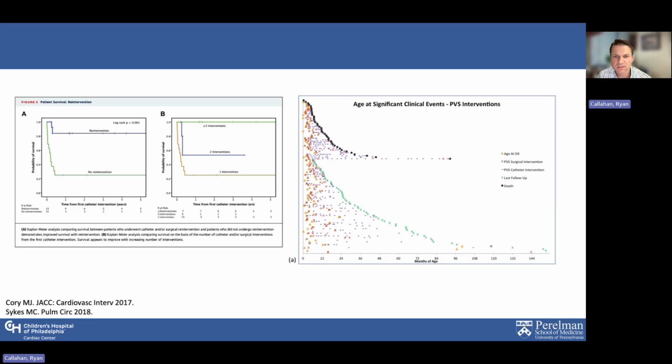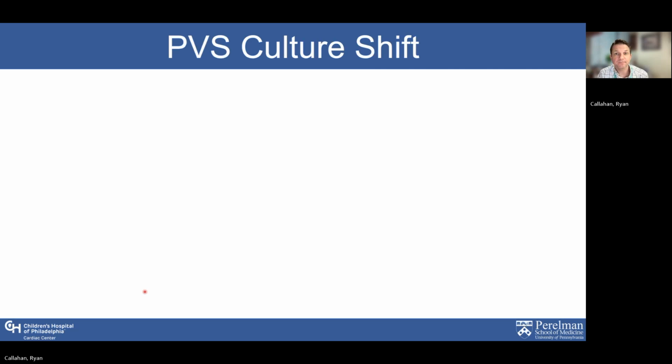And so you can see when they're first diagnosed, there's a fair number of interventions. But the survivors, as they get older, the intervention slows down. And in some cases, the disease completely goes away and burns out after a few years. And so that's what we try to do. We try to stay ahead of this disease as best we can until the disease cools off.